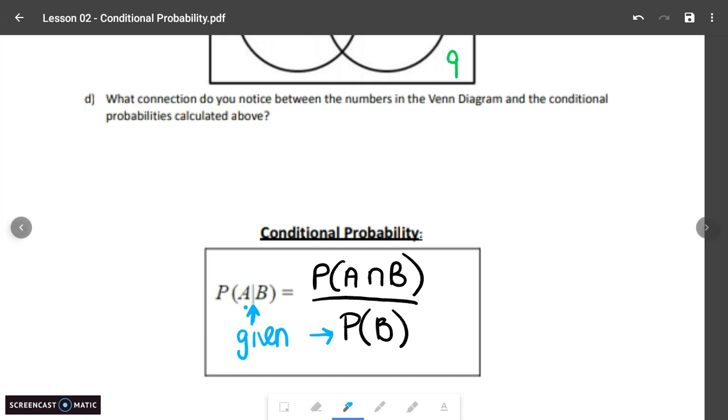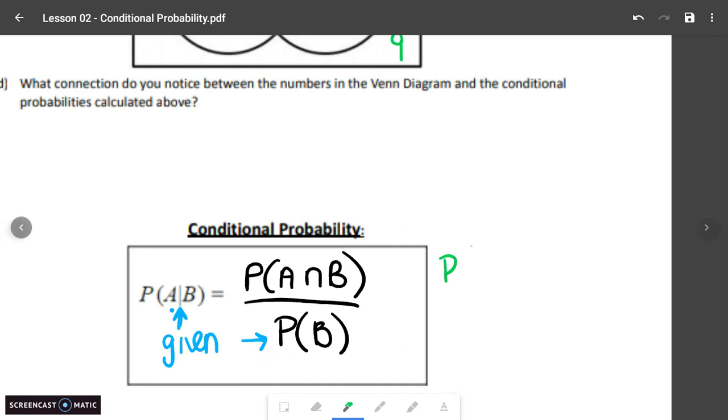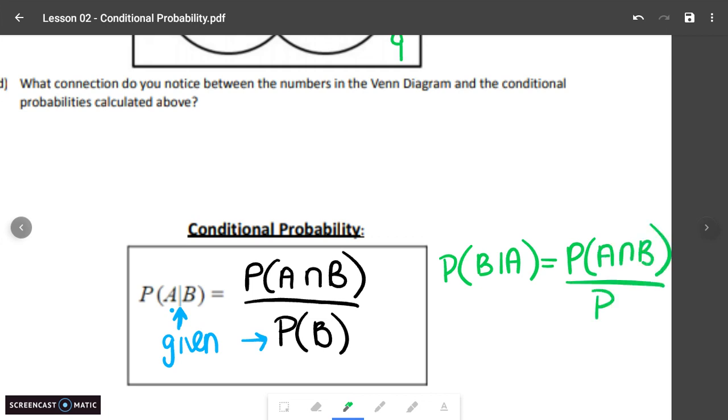So this could change, potentially. You could still have the probability of B given A, and that would be equal to the probability of A and B again, the intersection of those two, but this time it would be out of the probability of A. So whatever the given is, that should be on the bottom of your fraction.